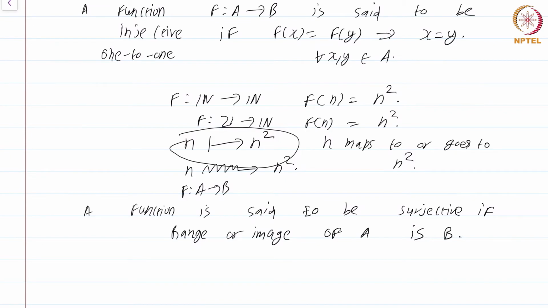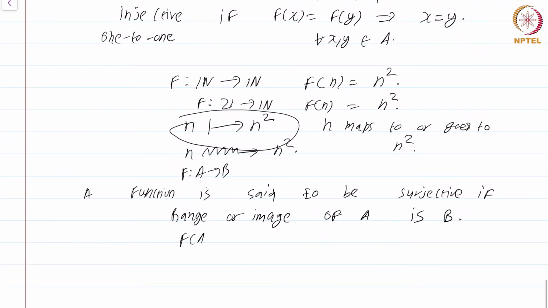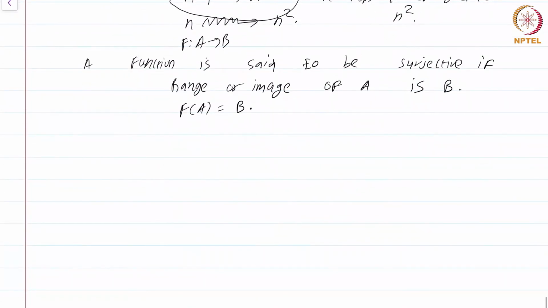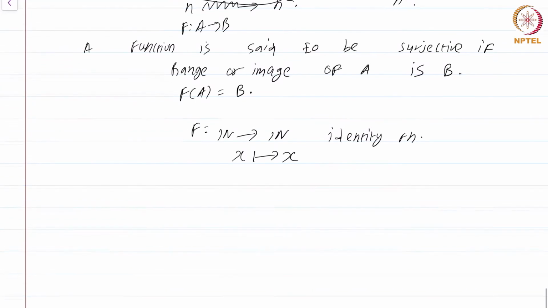A surjective function is one in which every point in B is an image point. That means there is some element in A that gets mapped to it. So in short, f of A equals B. For an example of a surjective function, look no further than the function x goes to x, the identity function. This function is certainly going to be surjective.